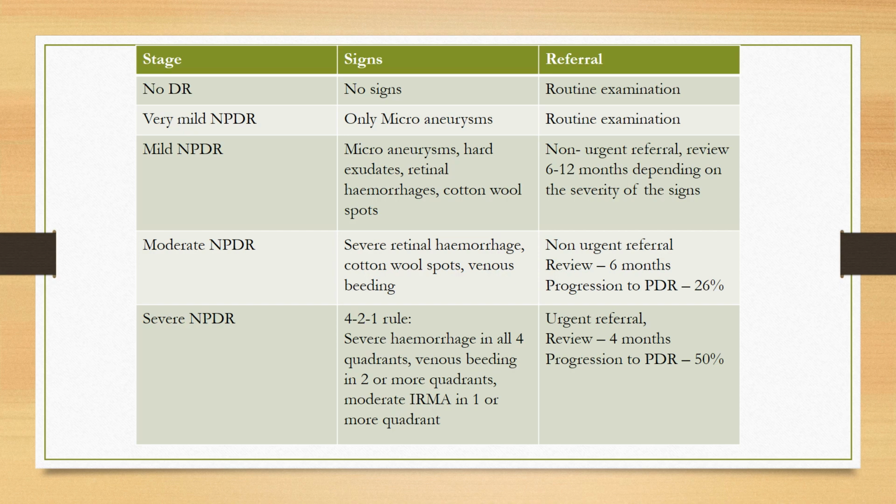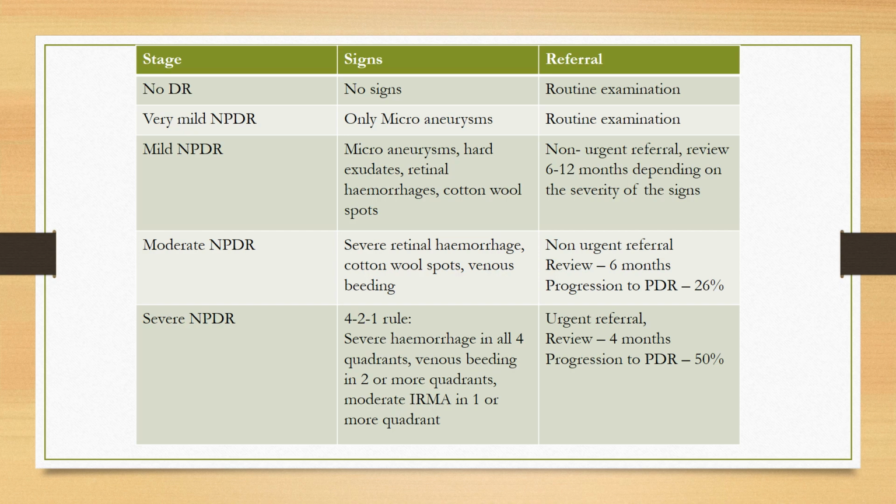You might also see retinal hemorrhages, the dot and blot hemorrhages, and cotton wool spots also appear, in a minimal count. In this case you are supposed to start reviewing the patient every 6 months based on the severity.